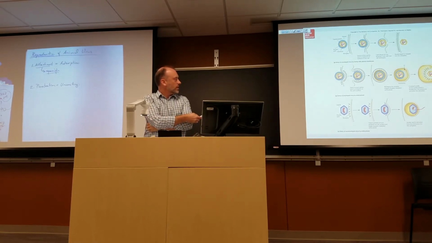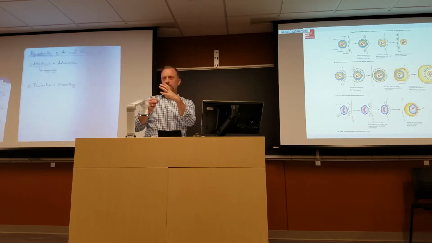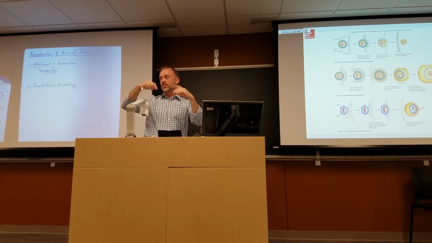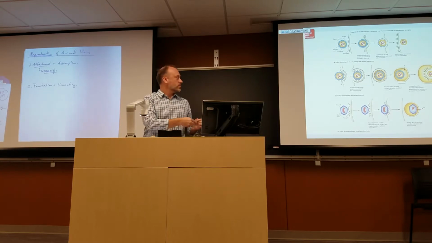So this is one way that this can happen, by fusing. The other way is by endocytosis. You guys probably learned about receptor-mediated endocytosis in cell biology, right? The clathrin-coated pits and the receptors that trigger the rearrangement of the cytoskeleton. Does that sound familiar? That's what's going on here. The virus binds to these receptors, and that triggers endocytosis. And here, it looks like the virus has its own envelope, and it's got an additional layer because it's in an endosome.